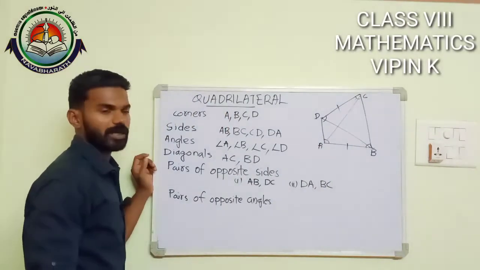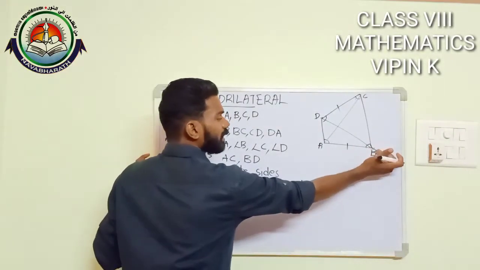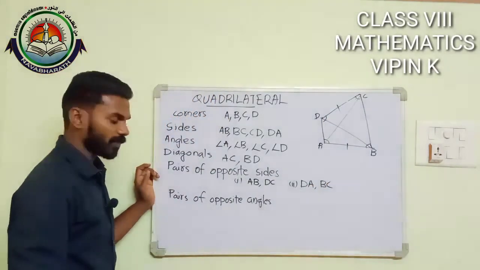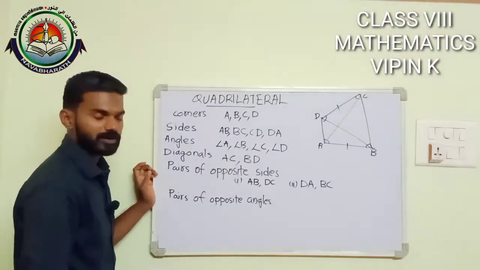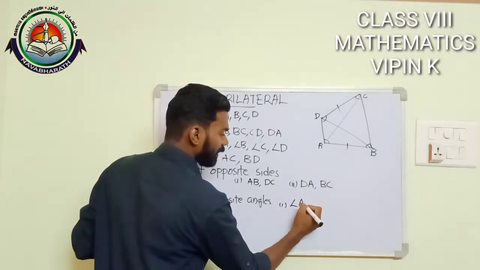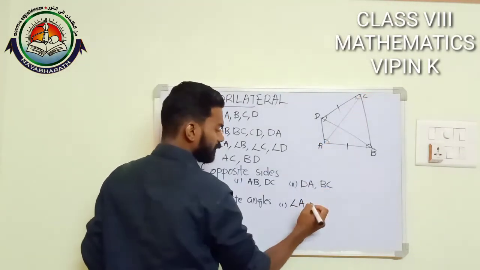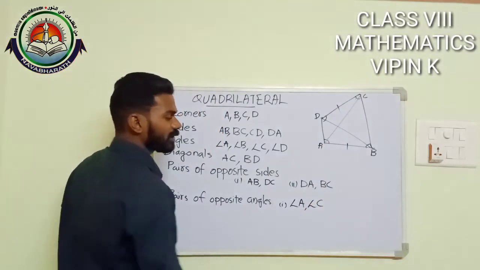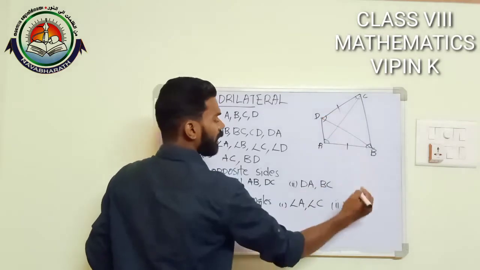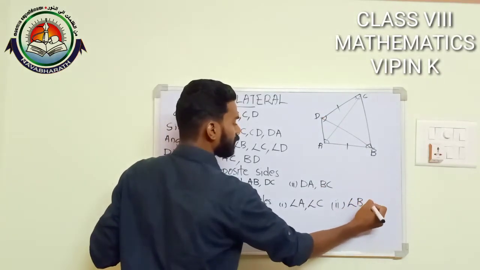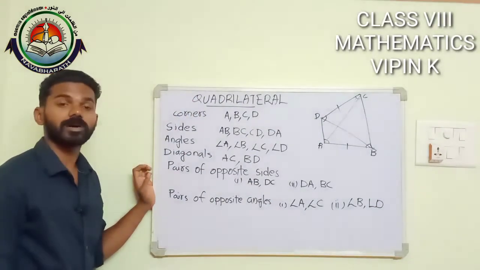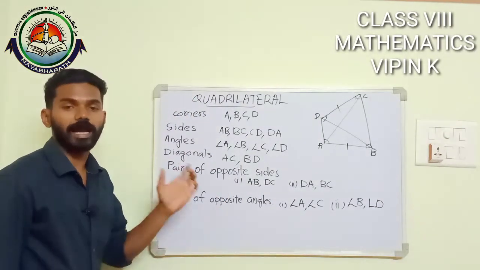Similarly, angle B and angle D are opposite. So which are the pairs of opposite angles? The first pair is angle A, angle C. The second pair is angle B, angle D. So these are the pairs of opposite angles.